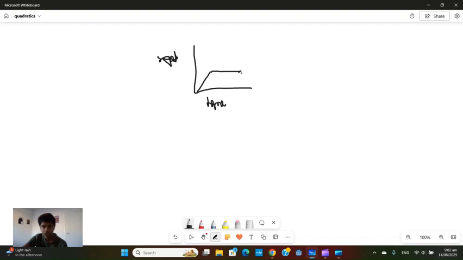The distance is found by looking at the area under the curve. I mean under the graph. You can either use a trapezium formula or you can divide it into triangles and a rectangle. Then you can easily find the distance. Then the area is the distance.